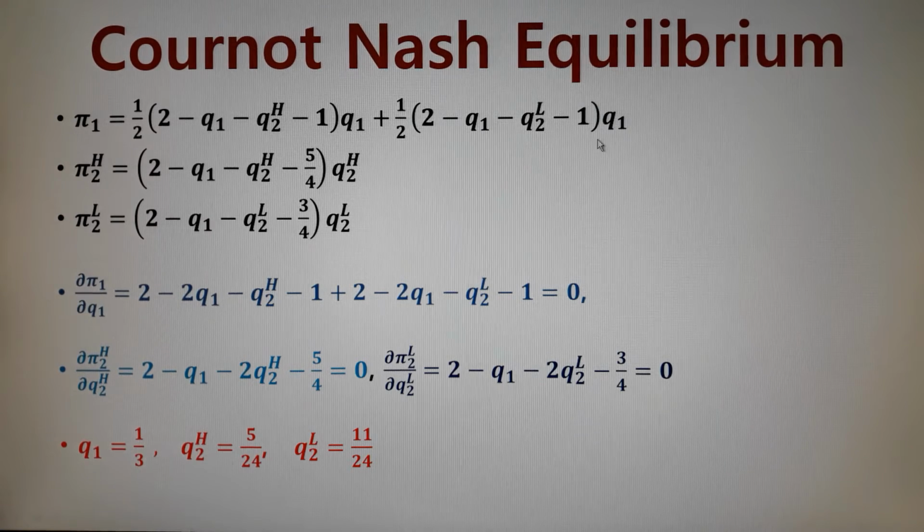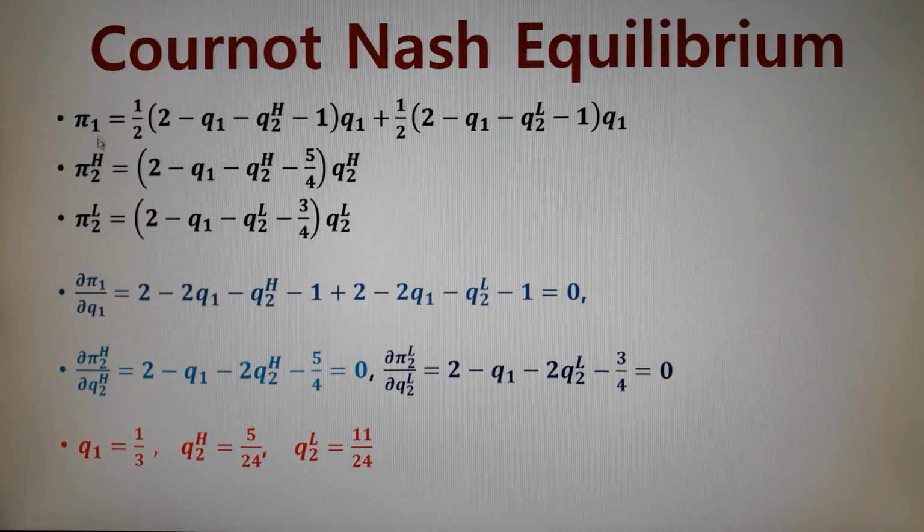The first company's profit function is a little bit complicated because the second company's cost can be high with probability of half. It can be low with probability half. So the market price, 2 minus Q1 minus Q2H, minus 1, that is marginal cost of company 1, that is the net profit per unit sales, multiplied by sales.